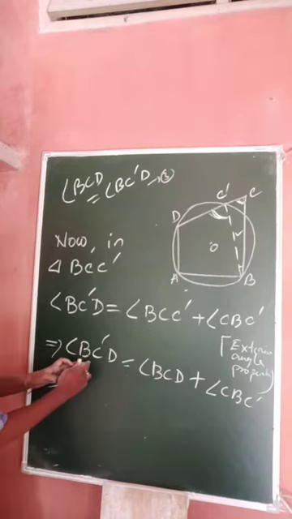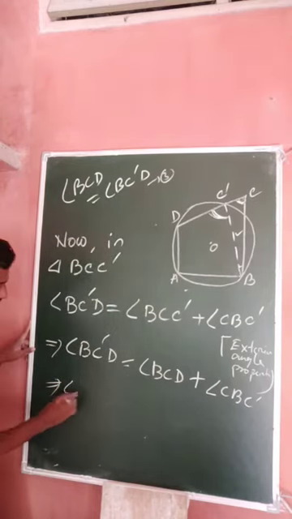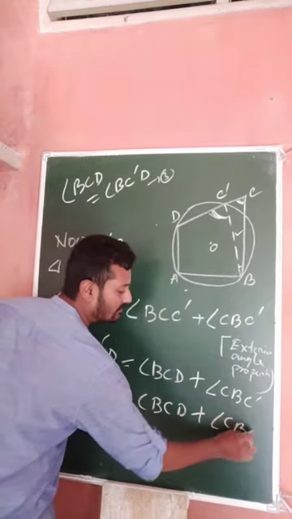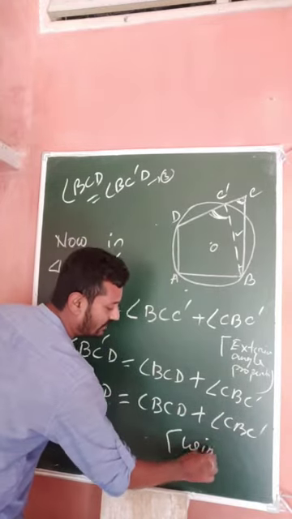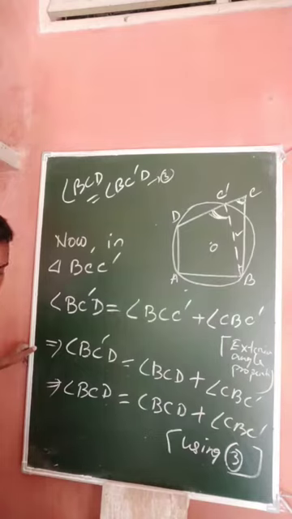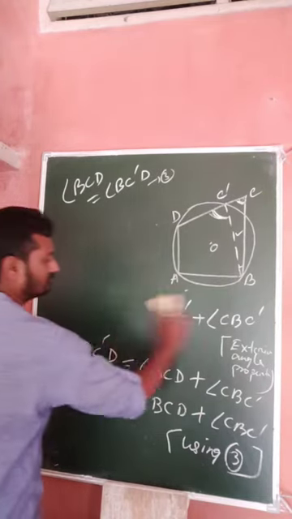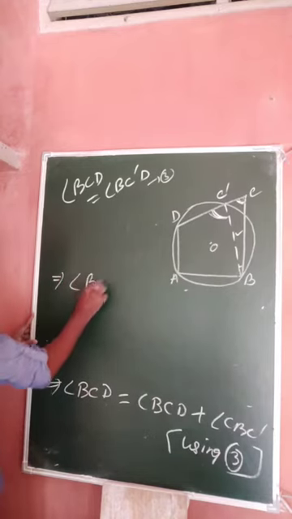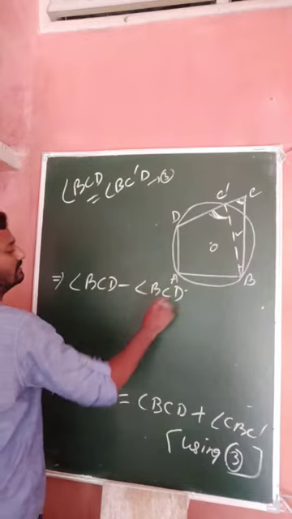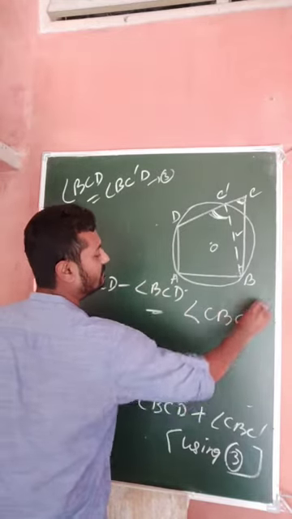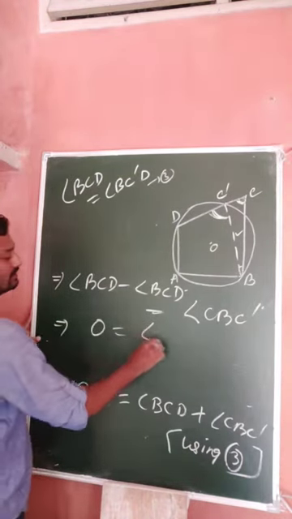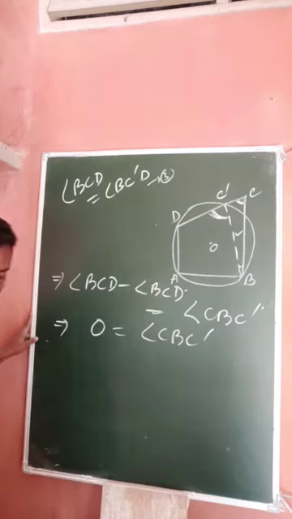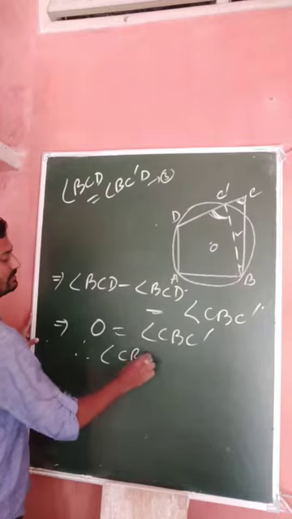Now look at this. BC dash D is equal to angle BCD plus angle CBC dash, using 3. So this BCD comes to this side: angle BCD minus angle BCD is equal to angle CBC dash. BCD minus BCD becomes 0, so we get angle CBC dash equal to 0.